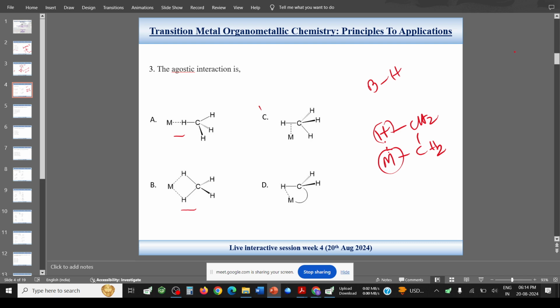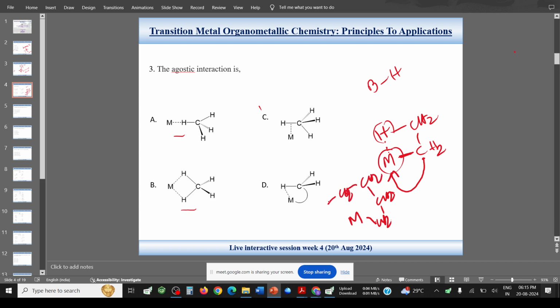So for agostic interaction, this carbon molecule should be bound to the metal center, not like one carbon. It can be like this, maybe CH2, CH2, CH2.